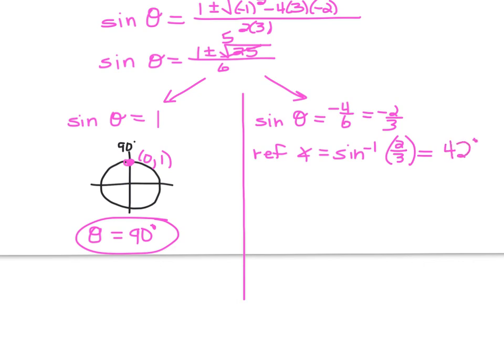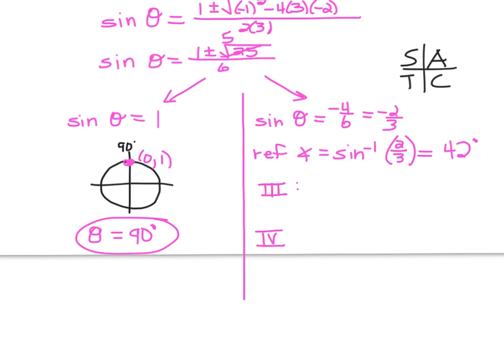What we need to do is we need to look back and say, look, here sine is negative. If we think about all students take calculus, sine is positive in quadrants 1 and 2. So it's negative in quadrants 3 and 4. So we need to find the third and fourth quadrant angle that goes along with a reference angle of 42 degrees.